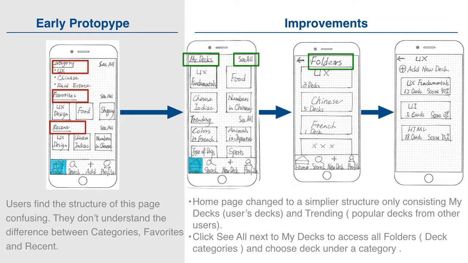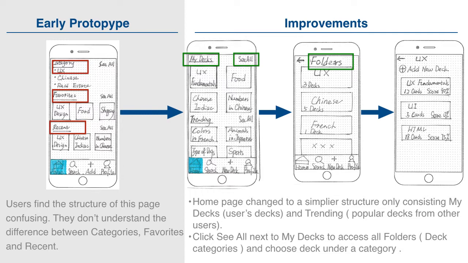From my decks, you can find the flashcard decks that are either created by the user themselves or the ones they saved from search that they found other users created. And under trending, there are popular study decks from other users who created them and want to share with everyone.